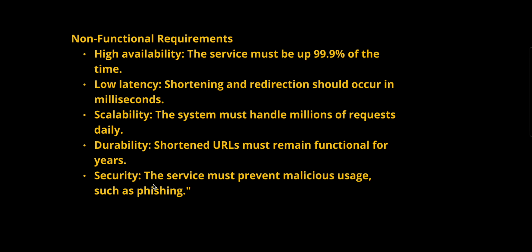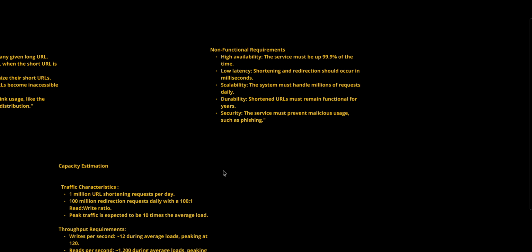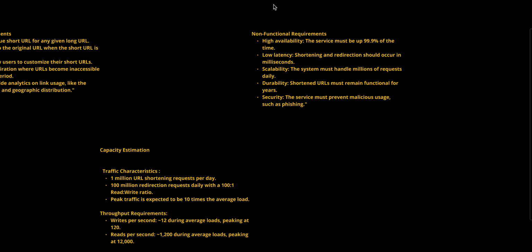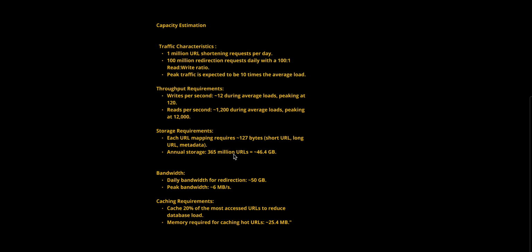We also need to make our system durable: shortened URLs must remain functional for years. Also, we need to make it secure because the service must prevent malicious usage, such as phishing, for example. In this section, when you finish, ask your interviewer, do I need to add any more bullet points? Are we good there? Because they might have something in their mind.